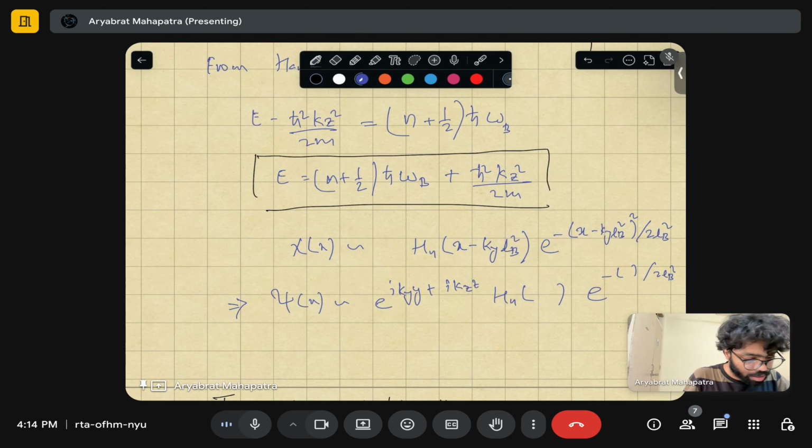So I think, let me call this x naught, x minus x naught, where x naught equals k_y l_b square.